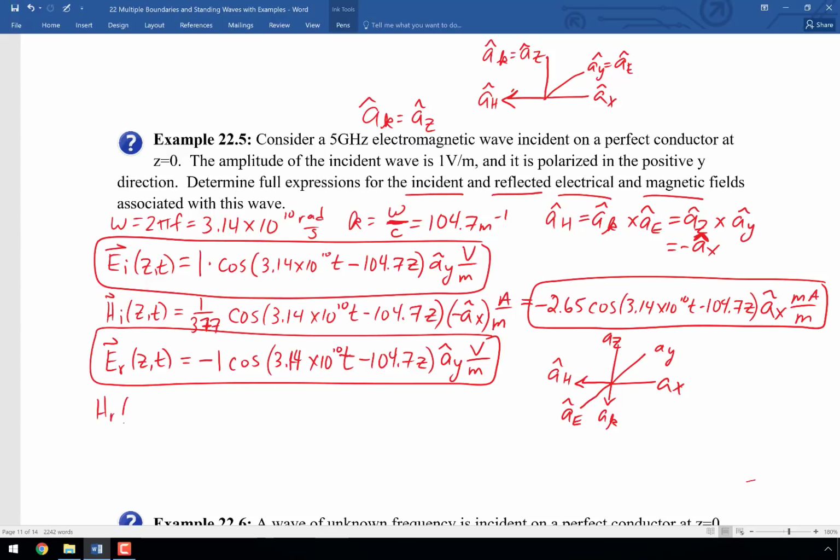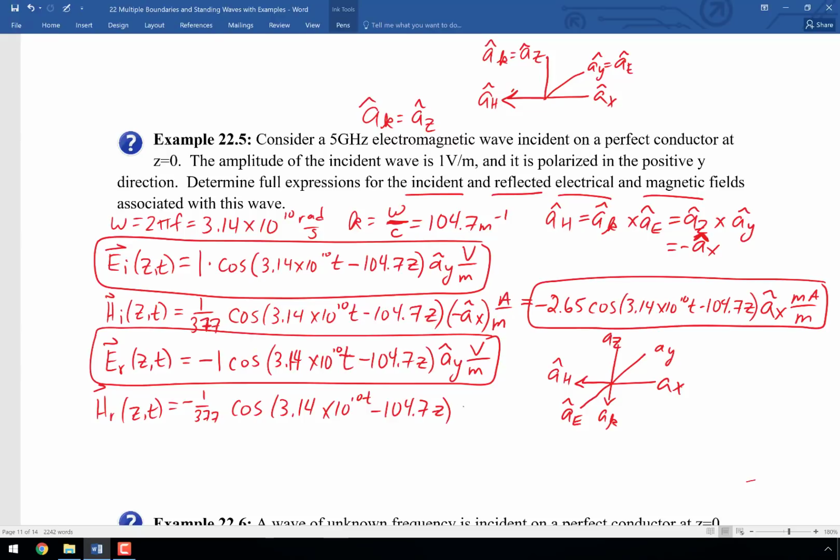So h sub r of z comma t is equal to negative 1 over 377 cosine of 3.14 times 10 to the 10th t minus 104.7 z, and it's going to be in the negative a sub x direction.